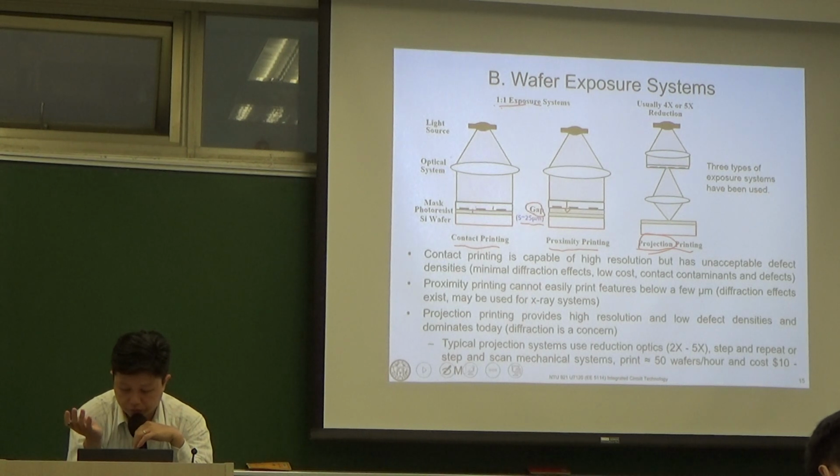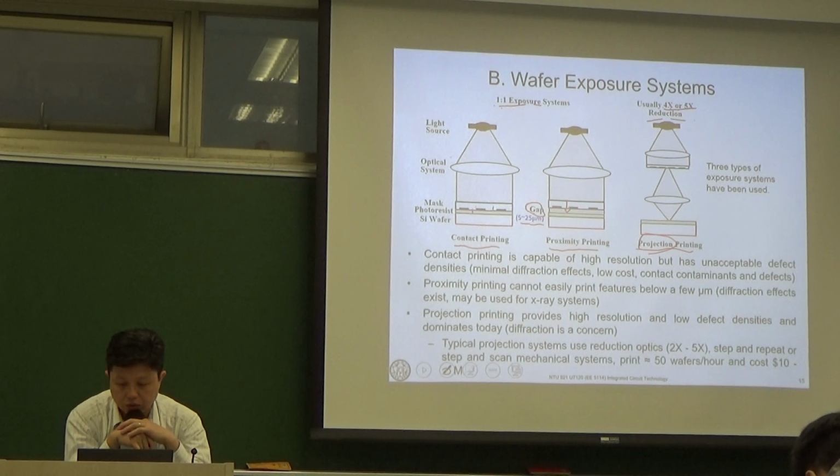And in addition, the feature size on your mask can be larger compared to the actual size on your wafer. Through those optics, they can reduce the size. So this kind of projection system is dominant to date.